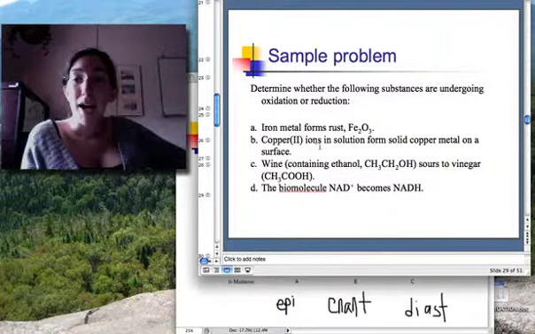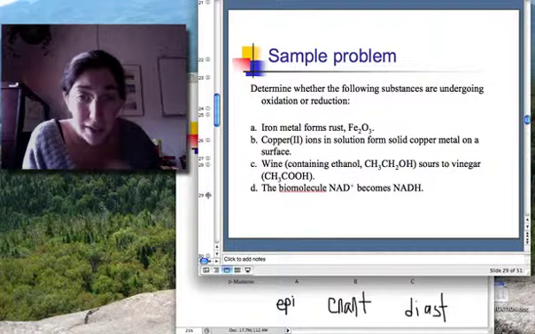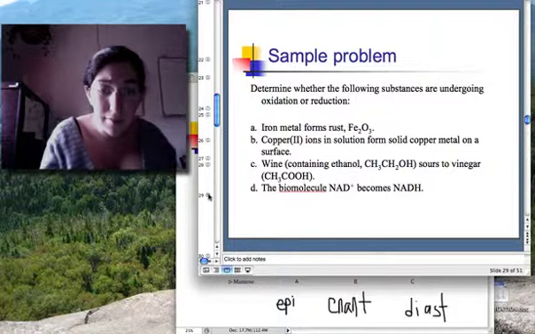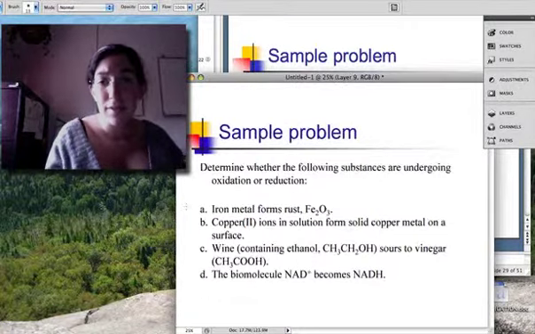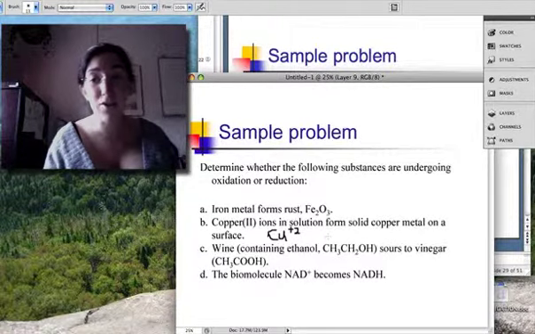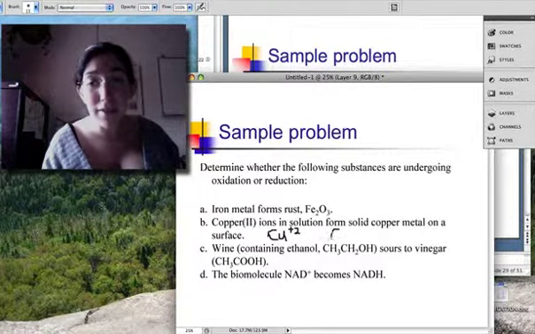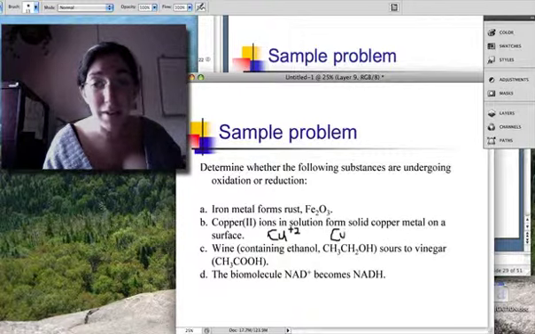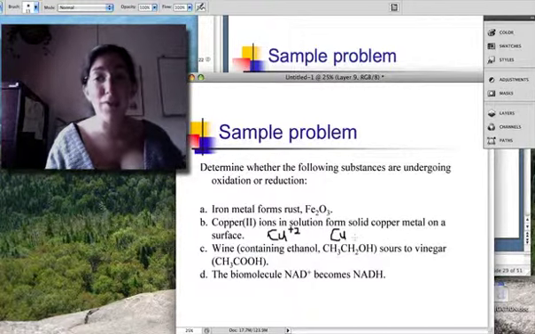B, copper 2 ions in solution form solid copper metal on a surface. I'm going to write this down. Hold on, we're on slide 29. So let's write this out. Copper 2 ions, what's their charge? Cu is the chemical formula, and the 2 means that it has a +2 charge. And solid copper metal is just plain old elemental copper. It has no charge.